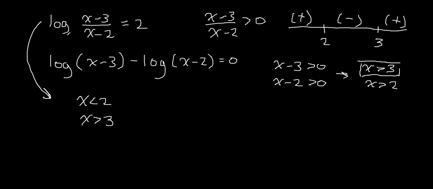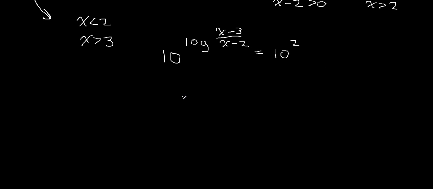So if you actually try to solve this equation, you can take 10 to the power of both sides, so that'll give you 10 to the power of log of x minus 3 over x minus 2 equals 10 to the power of 2, which just equals 100. So x minus 3 over x minus 2 equals 100.